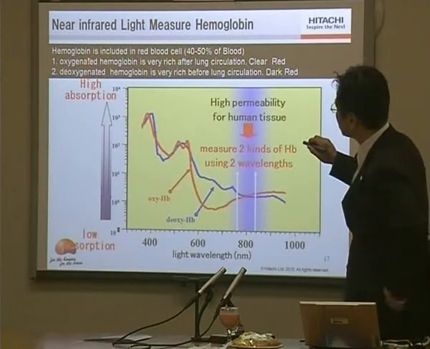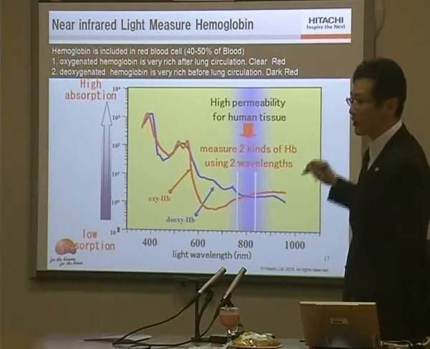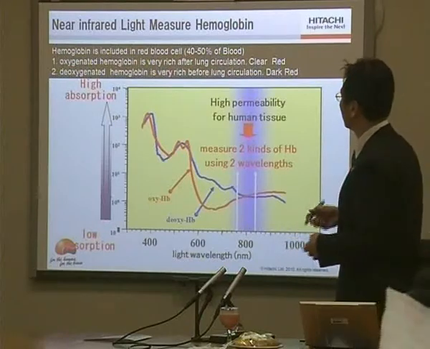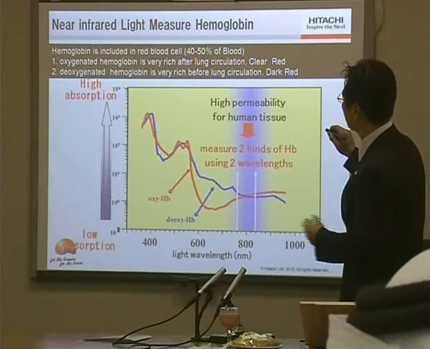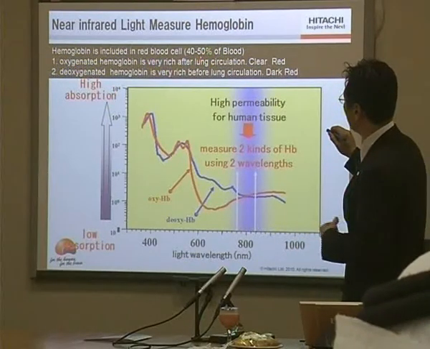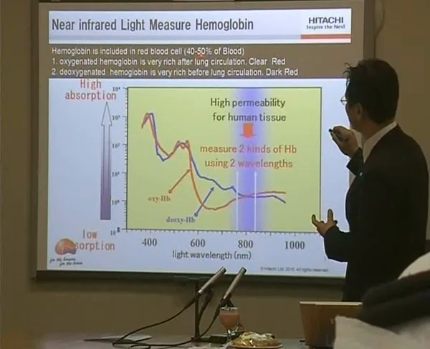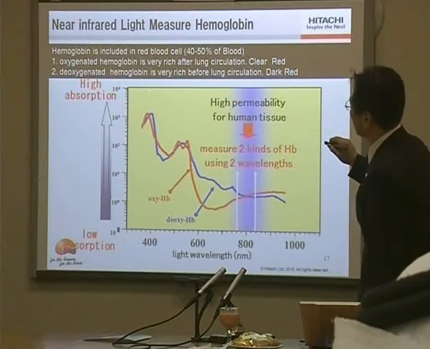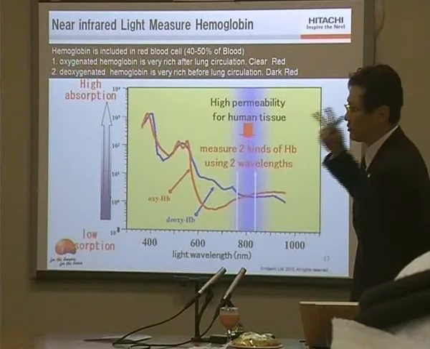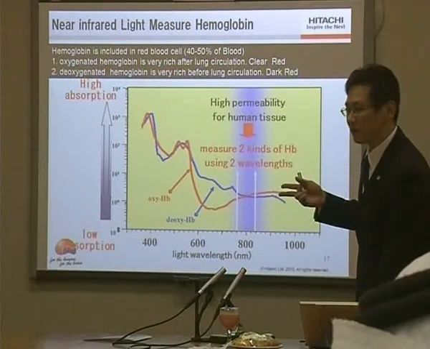And hemoglobin is included in the red blood cells in your blood, and the blood cell content is 40% to 50% of blood. And there are two kinds of hemoglobin.